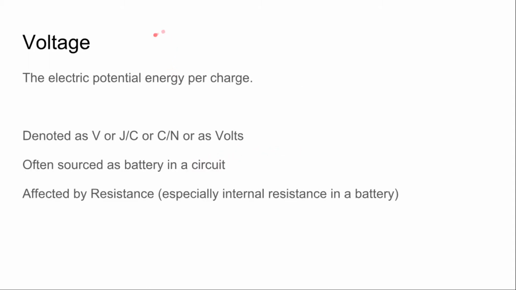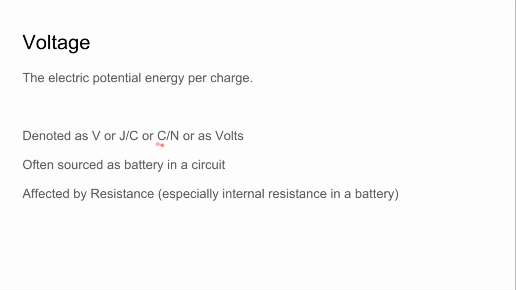So what is voltage? Voltage is the electric potential energy per charge. It's often defined as V, in joules per coulomb, or as volts. This is often sourced as a battery in a circuit and affected by resistance, especially internal resistance in a battery, but also affected by current, which I did not put on here.